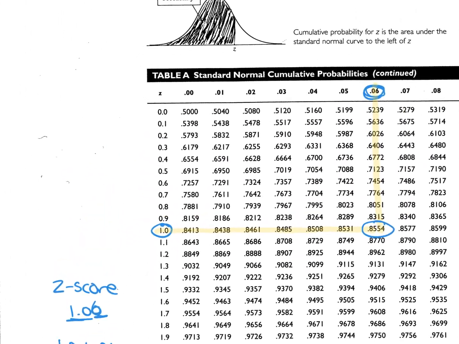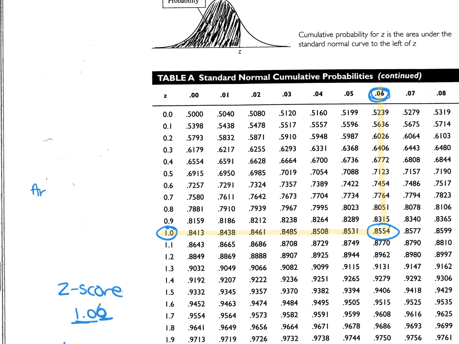Okay, so remember, area to the left plus area to the right of that z-score has to total up to 1. We know the area to the left is 0.8554. We want to know the area to the right, and then that equals 1.